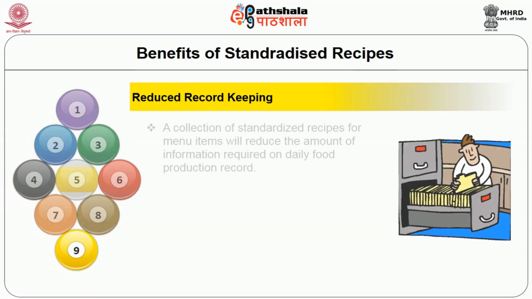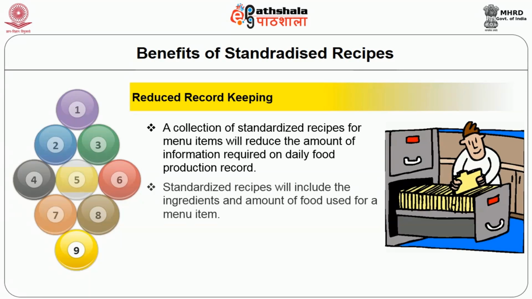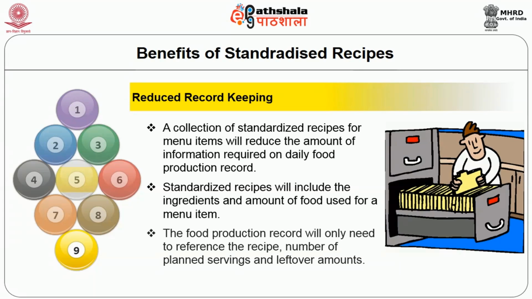Reduced record keeping. A collection of standardized recipes for menu items will reduce the amount of information required on the daily food production record. Standardized recipes will include the ingredients and amount of food used for a menu item. The food production record will only need to refer to the recipe, number of planned servings and leftover amounts.